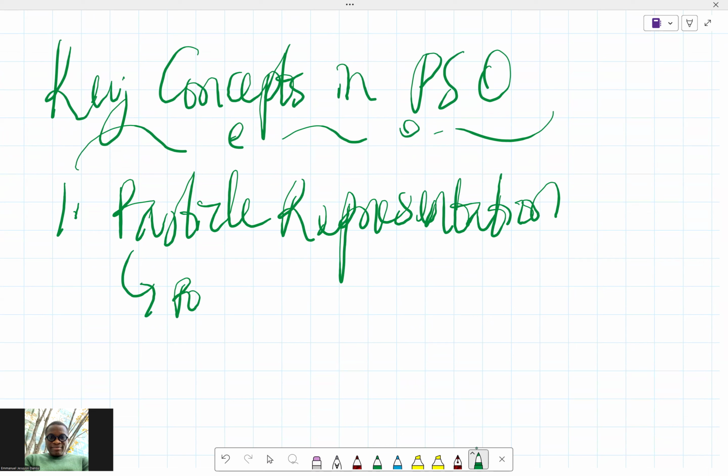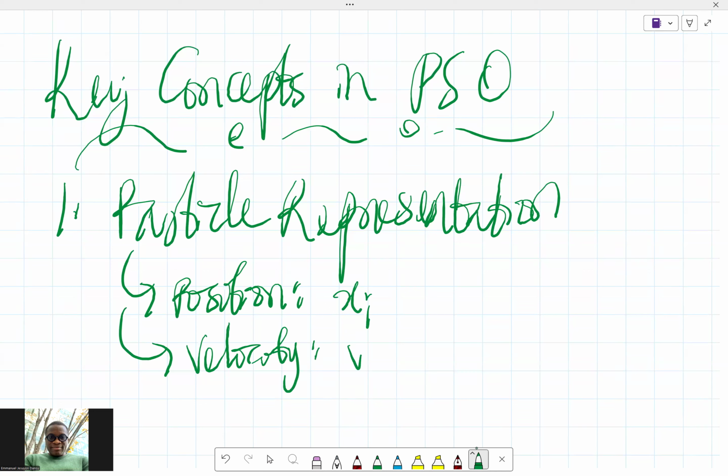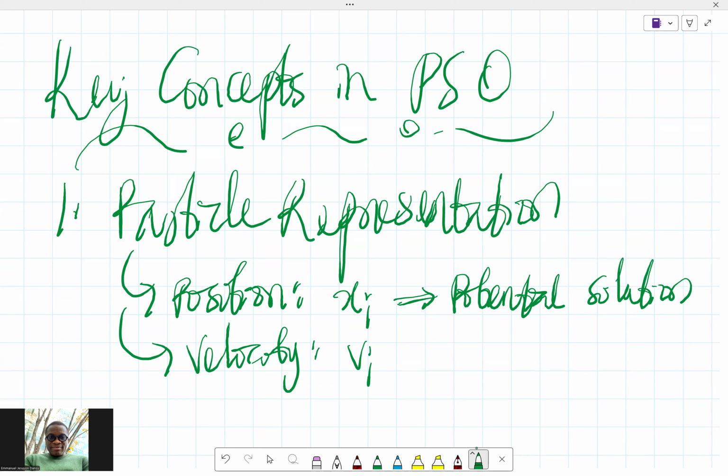The position of the particle is represented as xi, and the velocity as vi. The position corresponds to a potential solution.